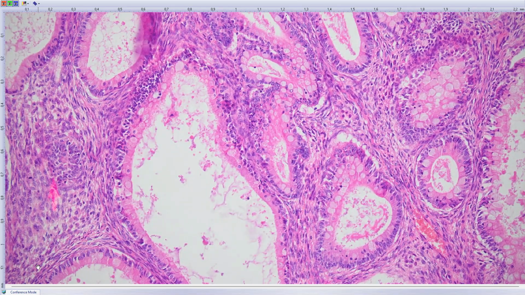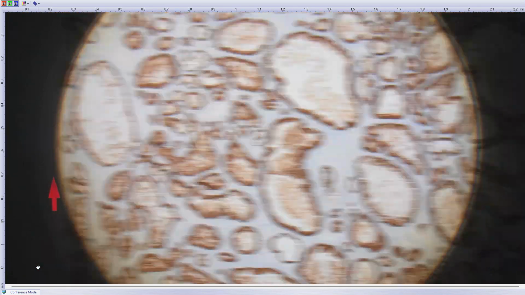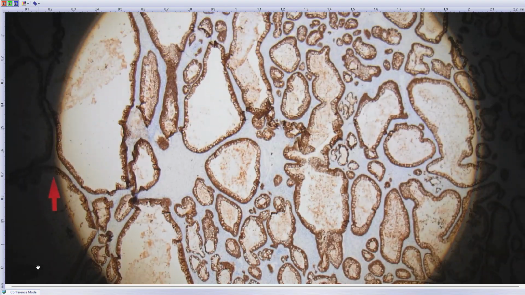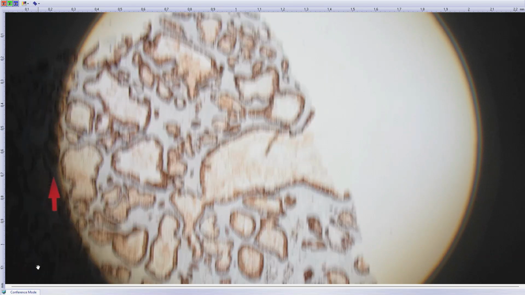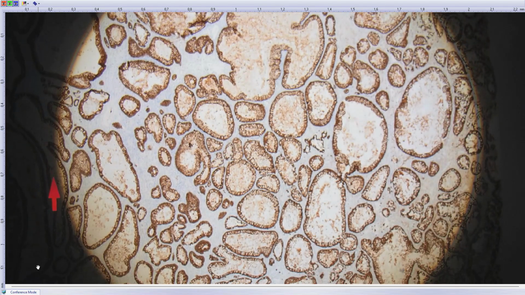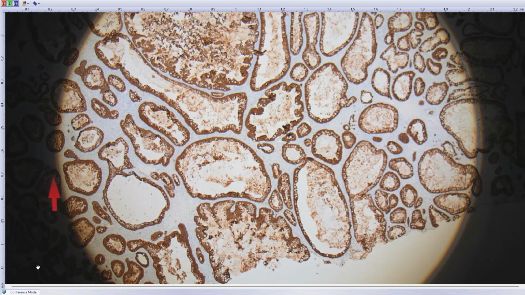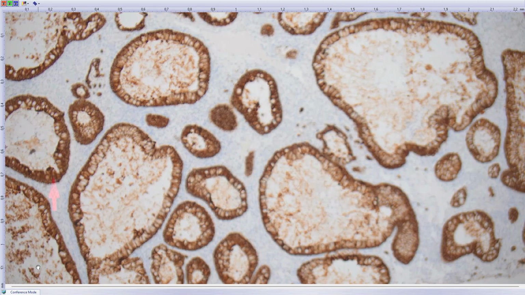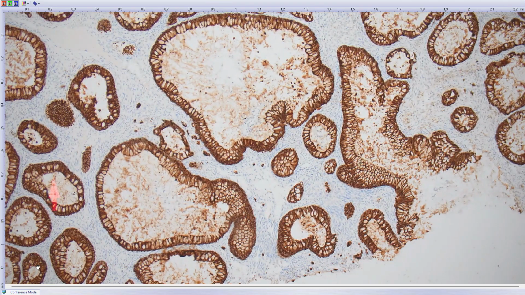It's better seen in cytokeratin staining. Oh, you can see it here, yeah?